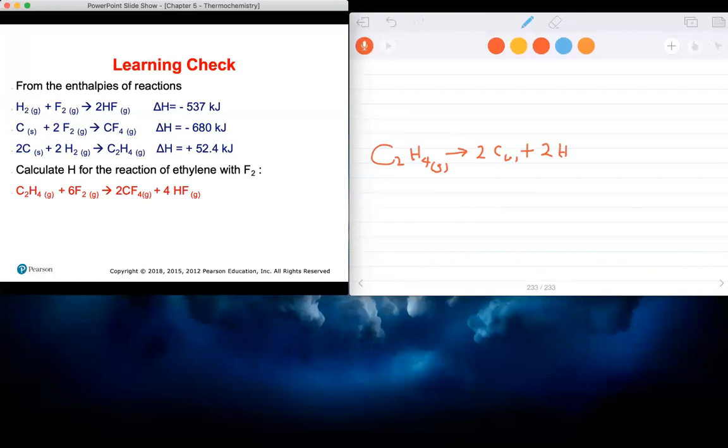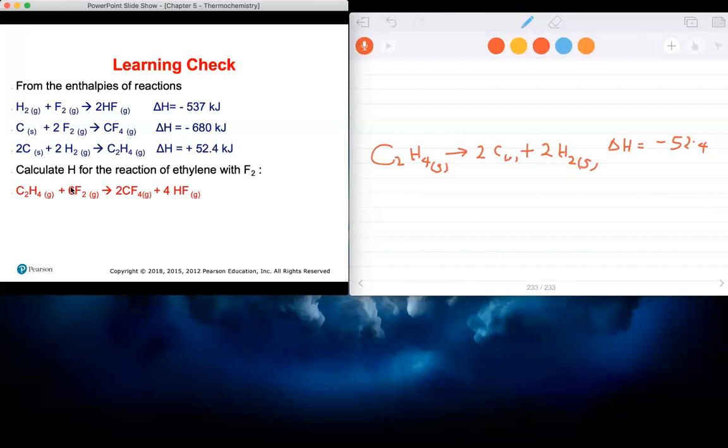It is hydrogen gas. This means delta H will now be negative 52.4. Why am I flipping the equation? Because I want this product to be the reagent in my overall equation. So you flip the third equation.